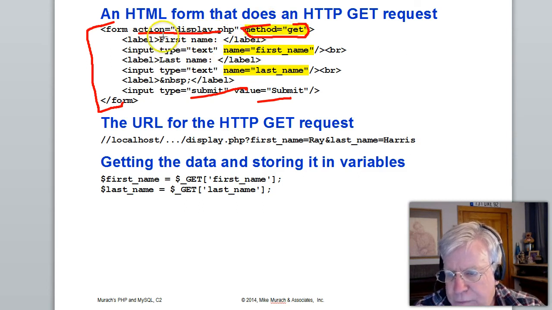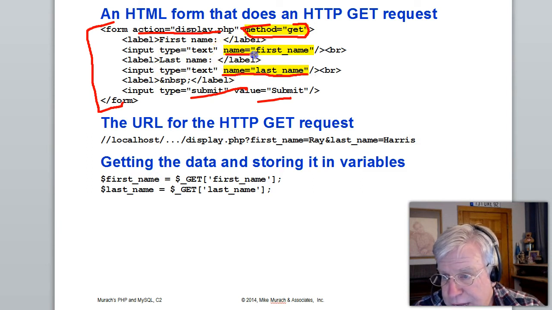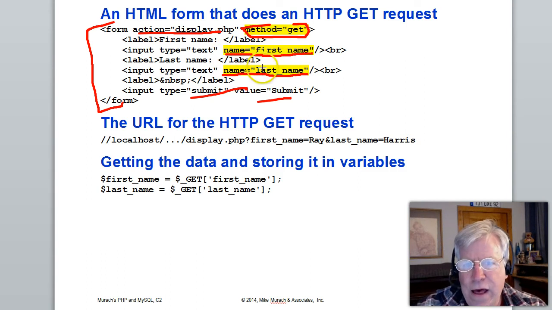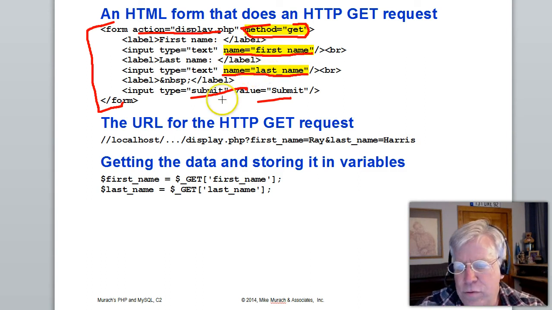And we have a first name text box and a last name text box. And this name here, case sensitive, is the name of the value that will be passed to the program.